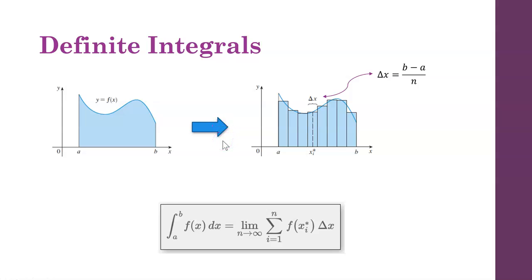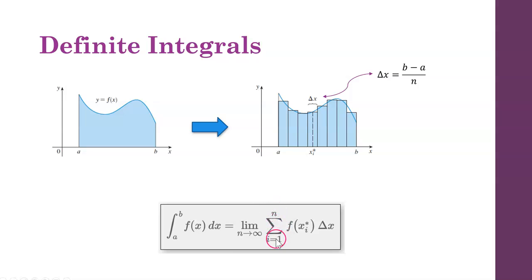So as a definite integral, we take the value of the function at each point, multiply by the width, that gives me the area of each of the rectangles, then add them all up. Remember the Greek letter sigma, capital sigma, means add. Add all of these rectangles from the first one all the way to the nth one.